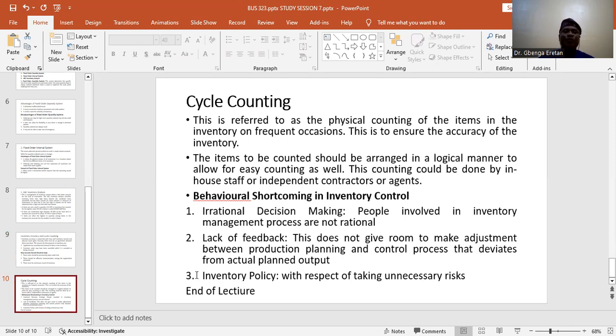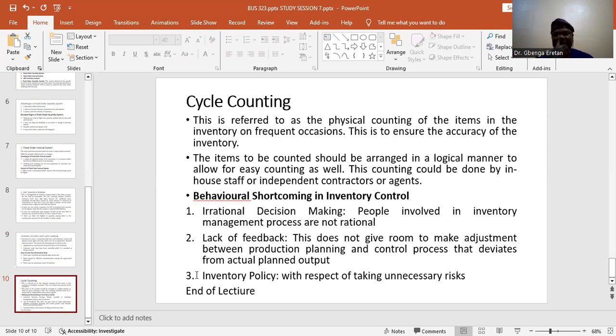Then we now move on to look at what is circle counting. When you talk about circle counting, this is referred to as physical counting of items in the inventory on frequent occasions. So in other words, when you continue to count the physical items available in the warehouse, we refer to it as circle counting.